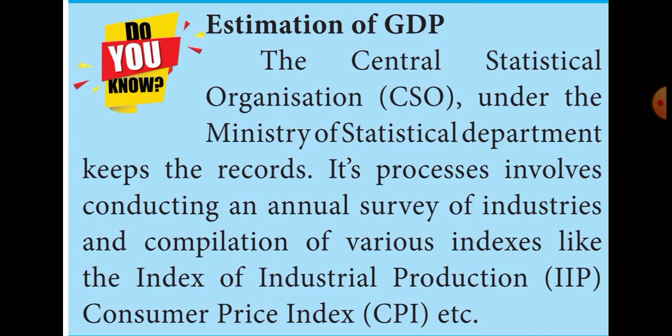That means this department takes the annual survey of the various industries through two important indexes: the Index of Industrial Production, IIP, and the CPI, which means Consumer Price Index. These are the two important ways to survey the annual reports.